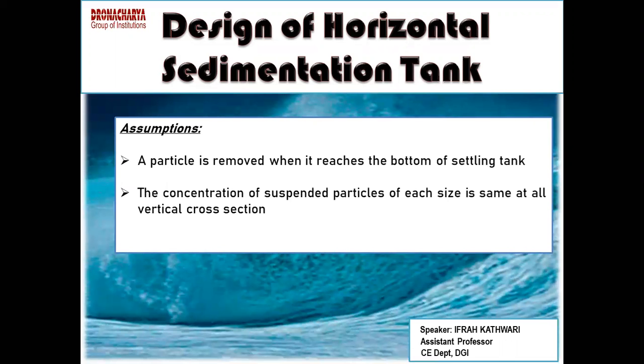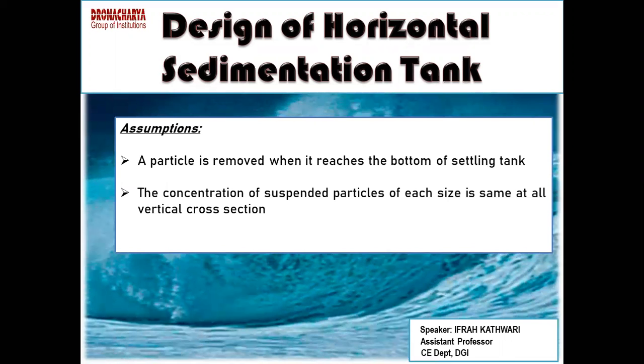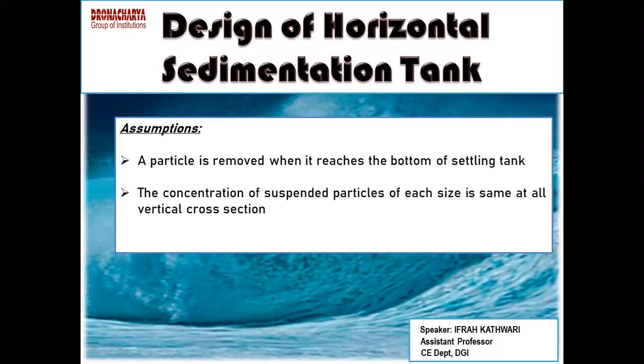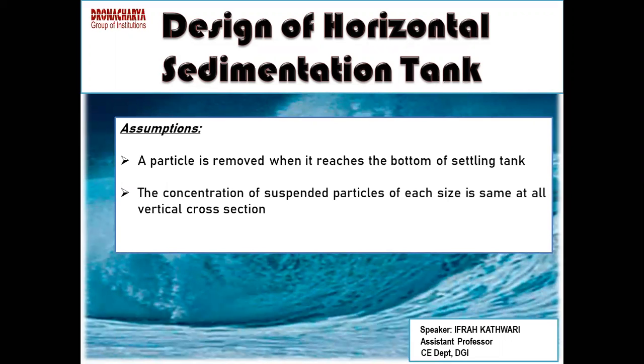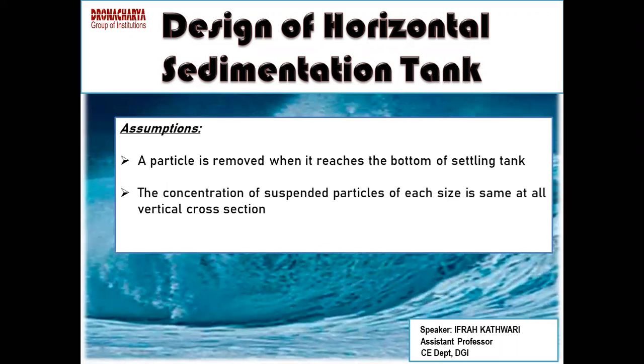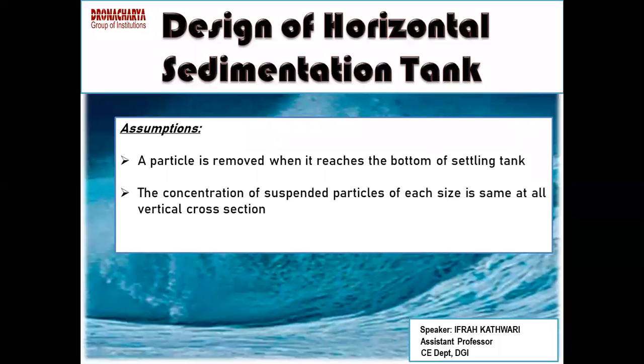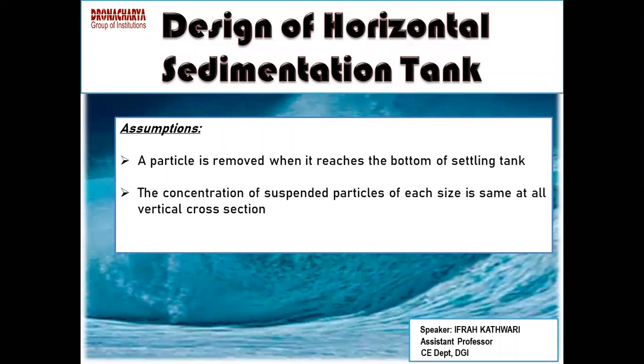The second assumption is that the concentration of suspended particles of any size is the same at all vertical cross sections. It means the concentration is uniform everywhere. There is nothing like at this point the concentration of suspended particles is more, and at this corner it's less. No, we are assuming that it's the same everywhere. So these two assumptions are made for the design of a horizontal sedimentation tank.